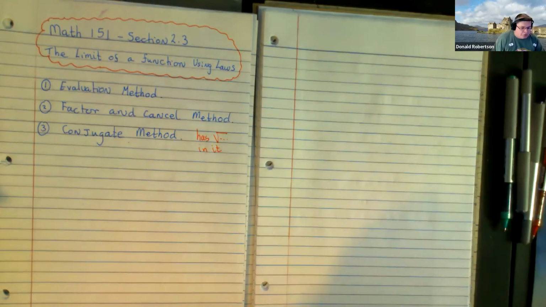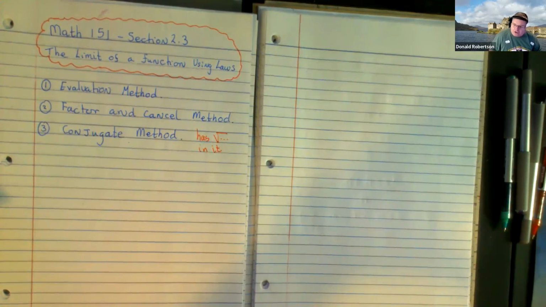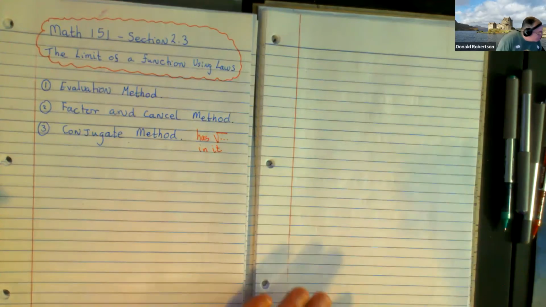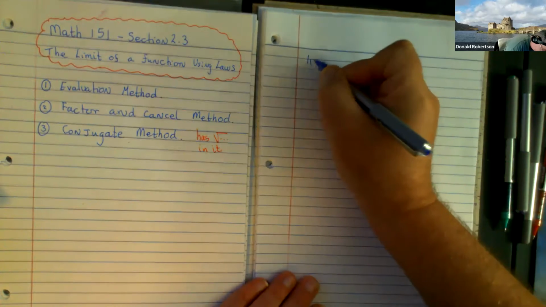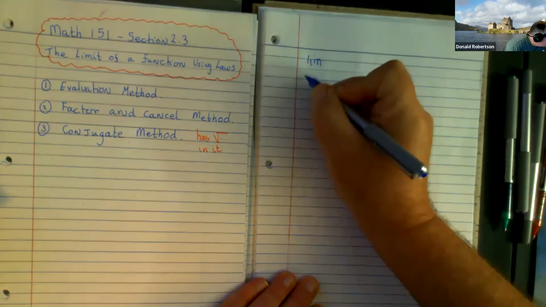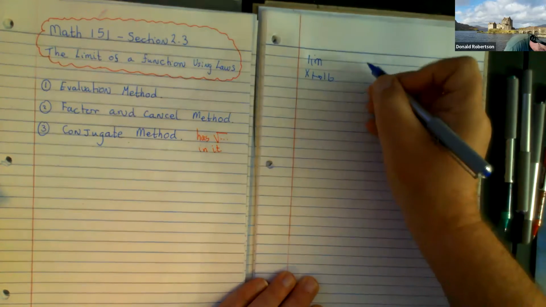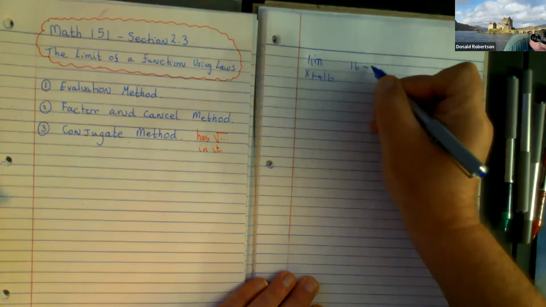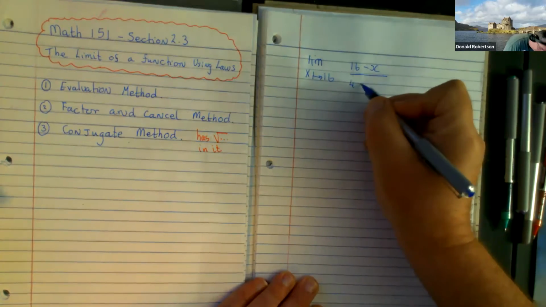So let's return to this conjugate method. You're only going to do it in a very limited situation when there's a square root. So let's jump right in and show you one. I want to find the limit as x tends to 16 of 16 take away x over 4 take away the square root of x.